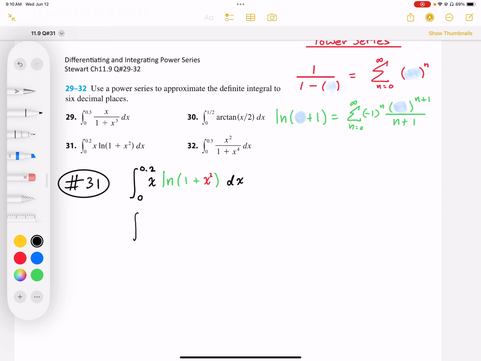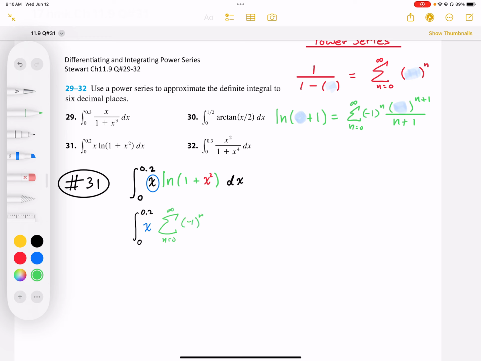So I have that outside part here. I've got that extra x on the outside, so I'm just going to express that as x, and that's from 0 to 0.2. And then we have our series part of this. We're going to start at n equals 0 to infinity.